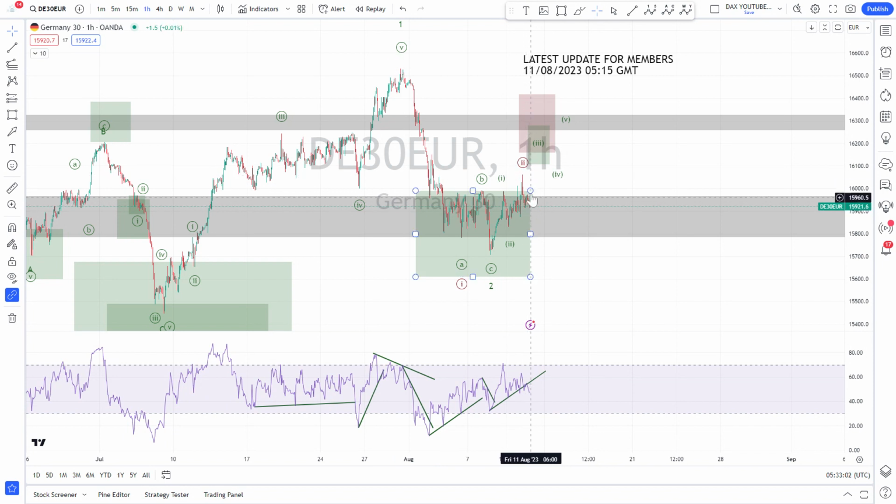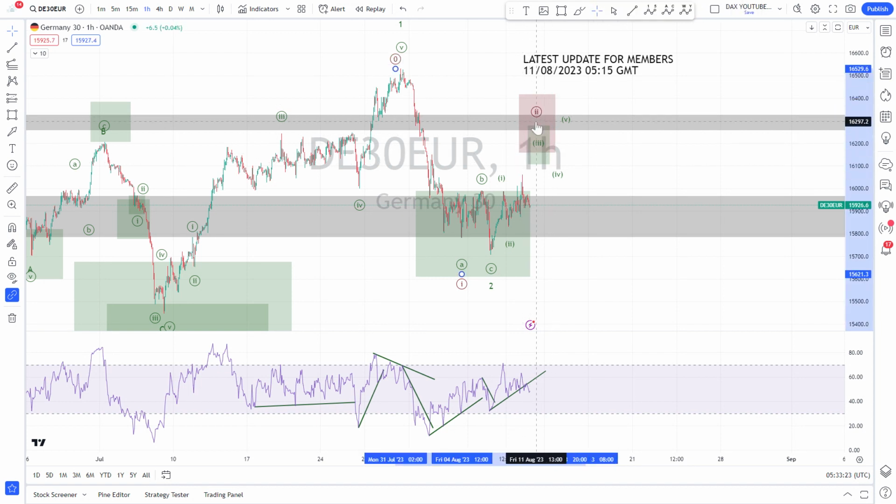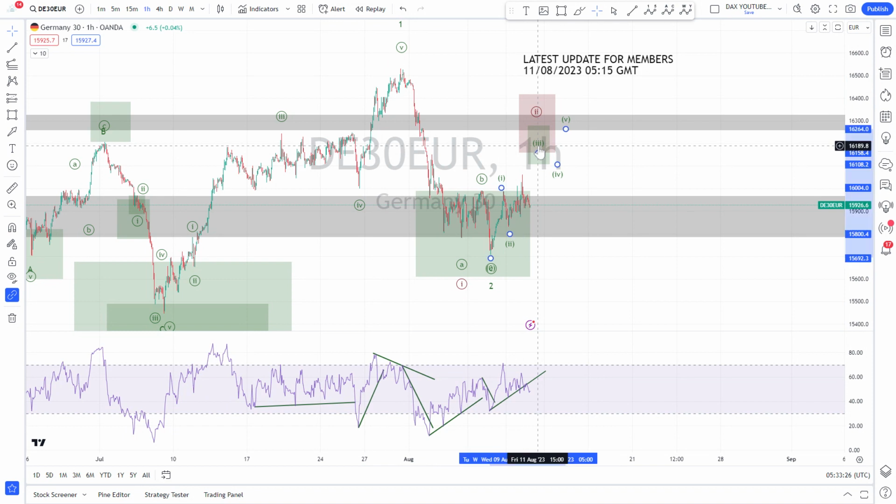We can easily take out this high, go into this area, and go down from here. So your actual invalidation level is here. And so the areas which still interest me are these, as shown here, be it as a wave 2, be it as a wave 3 here.